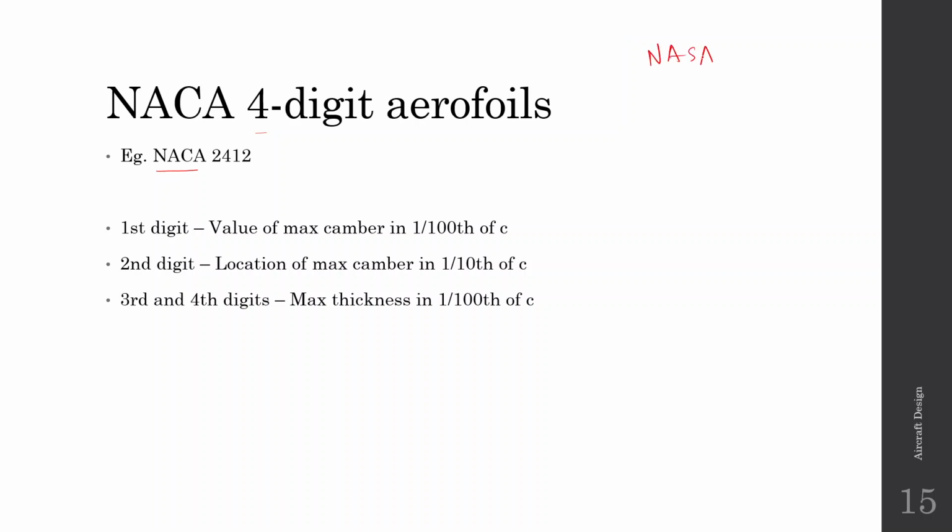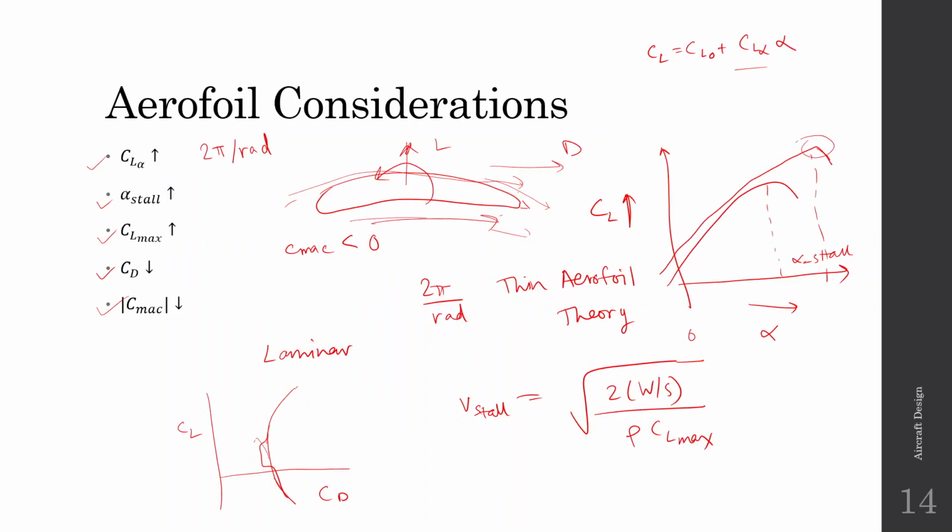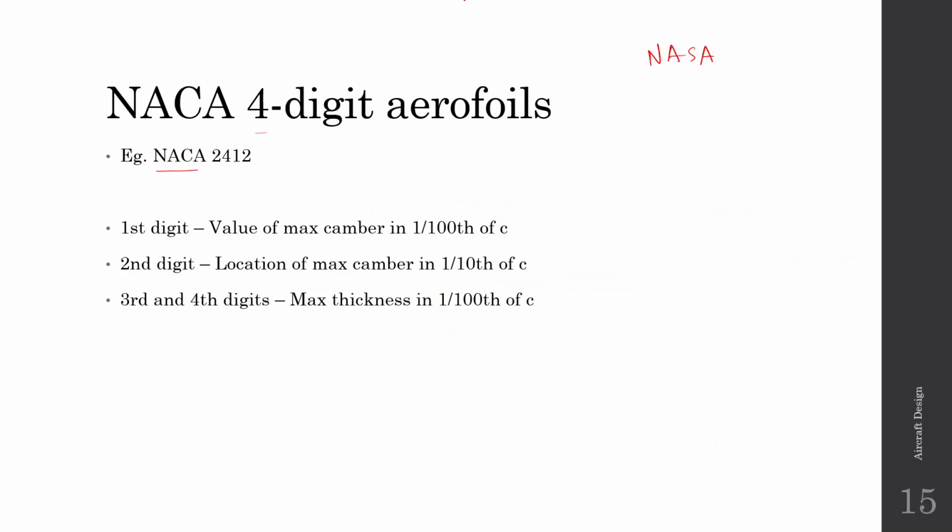A long time ago, when NASA was experimenting with aircraft and spacecraft, they created a large database of aerofoils and their corresponding lift and drag coefficients. Right now, suppose you have to design an aerofoil or an aircraft, you will need the CL, CD, and CM values. How will you get these values?